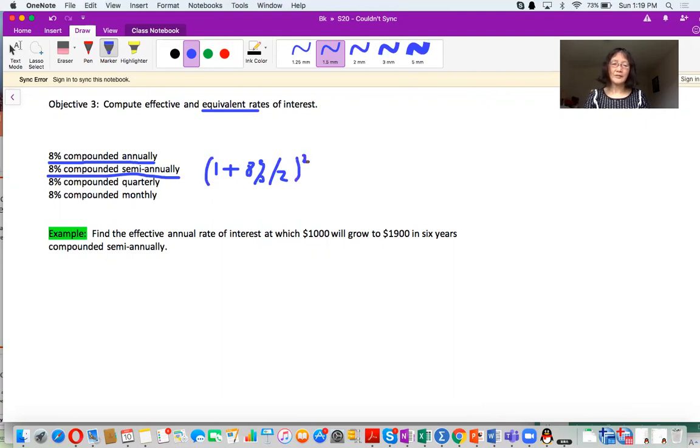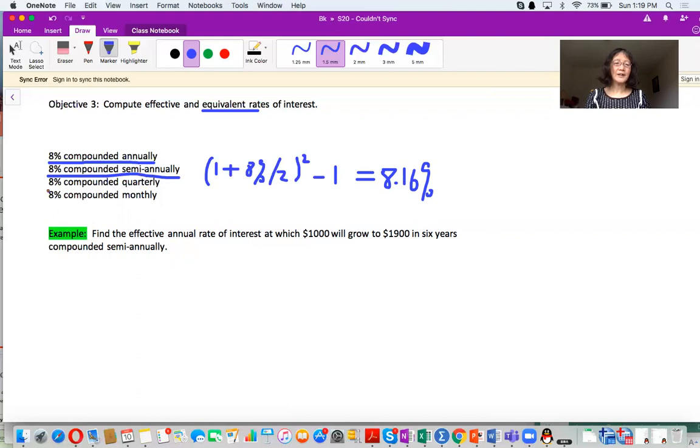Semi-annually, 1 year has 2 compounding periods, and minus 1, you get 8.16%. So that is the effective and equivalent rate of compounded semi-annually.